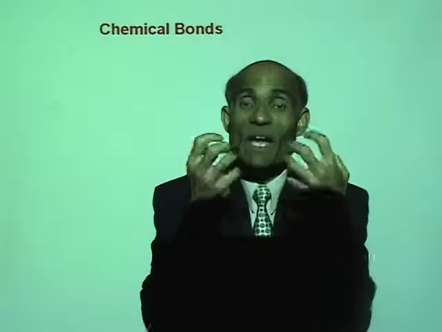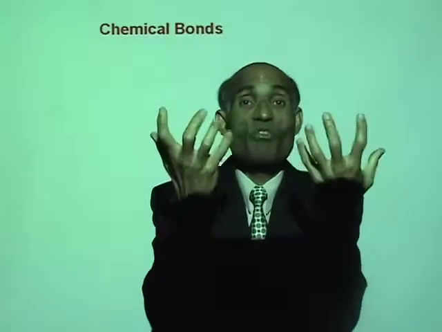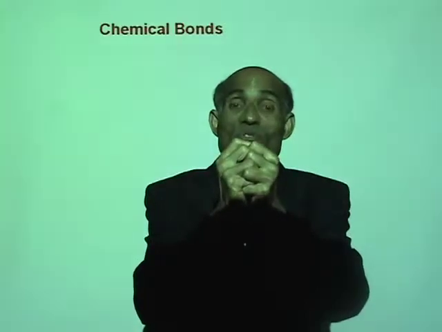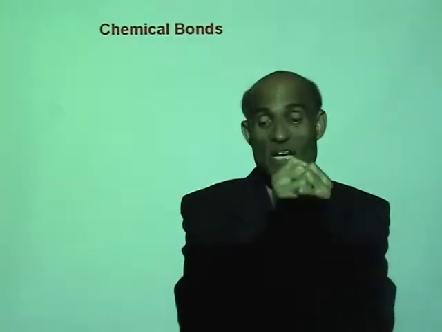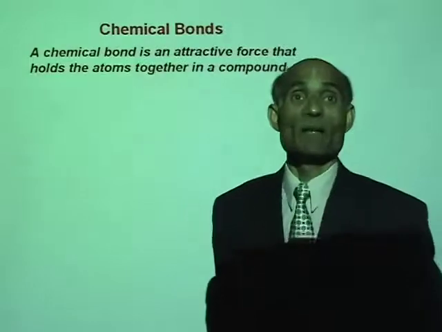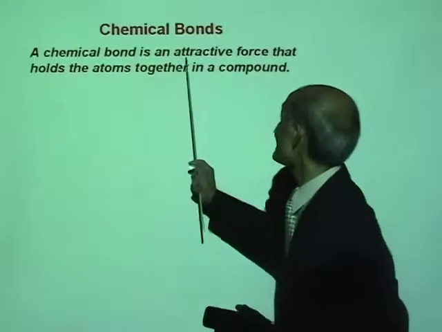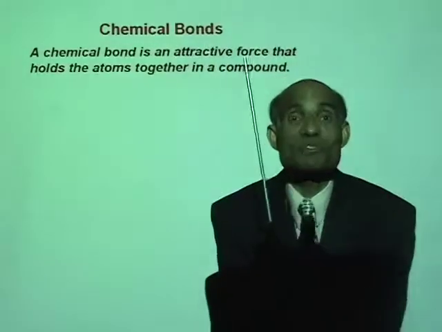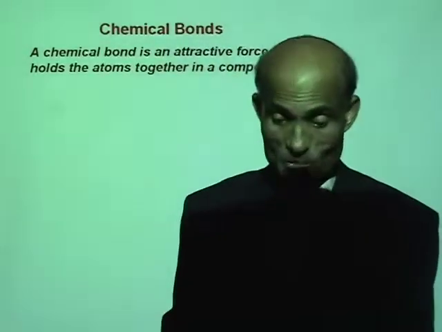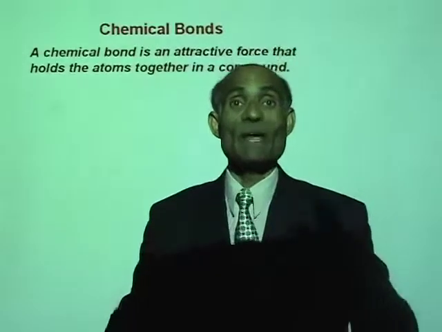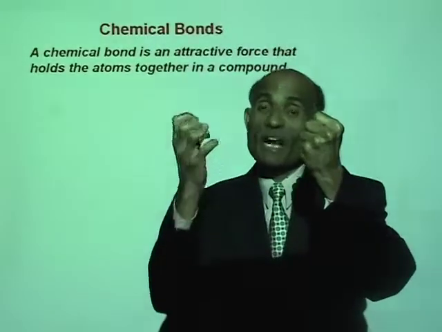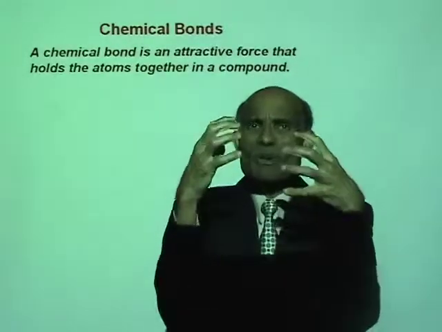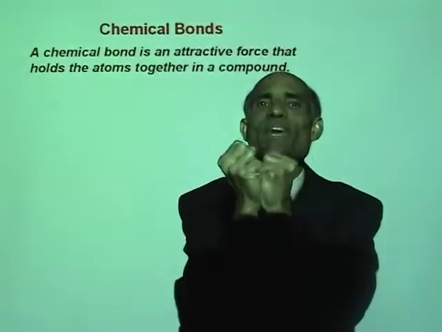In the same way, a chemical bond is a force that holds two or more atoms together so that they stay together as a unit. A chemical bond is an attractive force that holds atoms together in a compound. For example, when atoms of hydrogen and atoms of oxygen come together, there is something common that is going to hold them together.